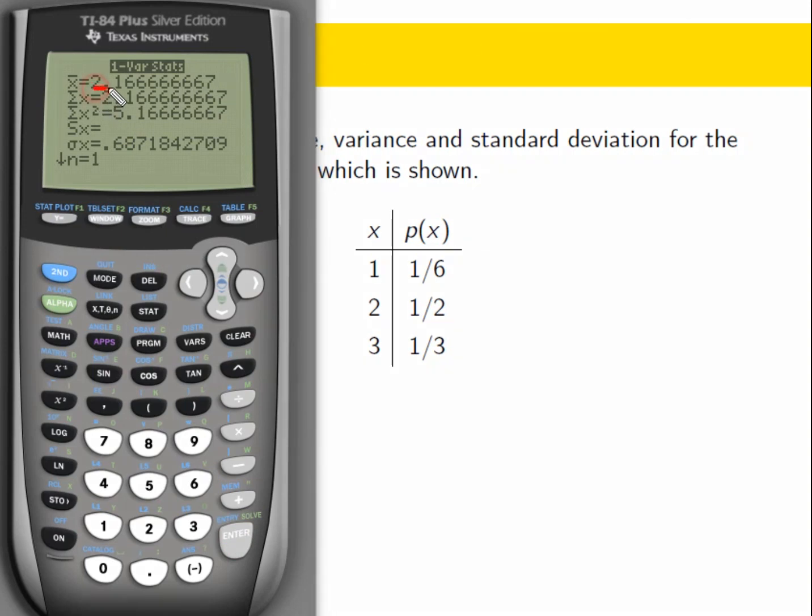It gives me 2 1/6 for x bar, its mean. So we wrote mu sub x, but x bar in statistics is what we use for the mean. Notice that the sum of x is the expected value of x, the second line. The expected value of x squared is that 5 1/6 that's right here. So when it does the 5 1/6 minus the mean squared and takes the square root, it gives me the standard deviation.